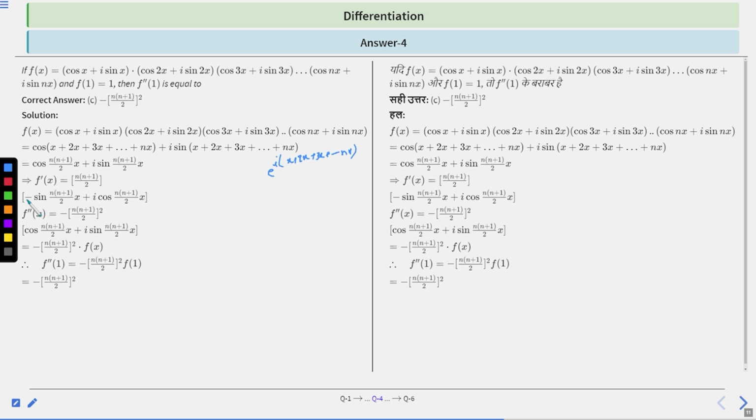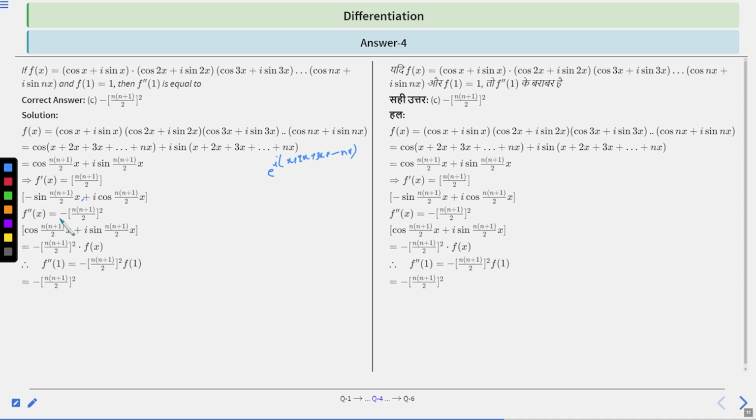So f dash x is basically n into (n plus 1) by 2, if taken common, then it will be minus of sin (n(n plus 1)/2 x) plus iota cos (n(n plus 1)/2 x).